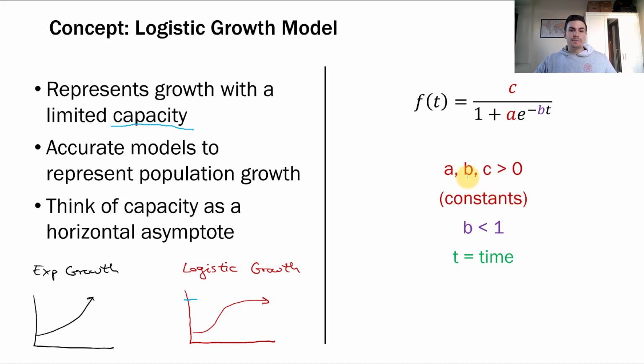If not, you may be asked to find one of the constants. The only difference is b is going to be in between 0 and 1. a, b, and c are all going to be positive, b is going to be in between 0 and 1, and t is just going to be our time again, like we saw in the exponential growth and decay models as well.